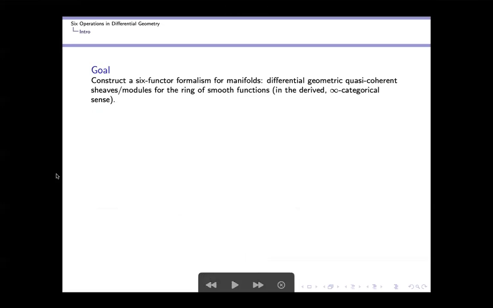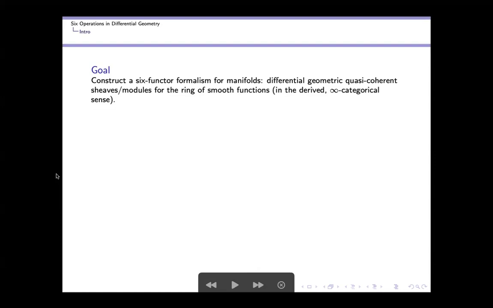So today I want to be in the specific setting where, for the category C, I take the category of manifolds and smooth maps between them. And the six-functor formalism I want to construct is going to be an analog of what in differential geometry would be quasi-coherent sheaves.